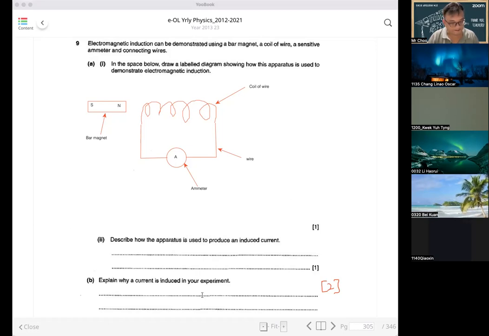Okay, Yu Ting, well done. Hao Rui, well done. How about the rest of you? Can you give me the answer? Okay, Xiao Xing.